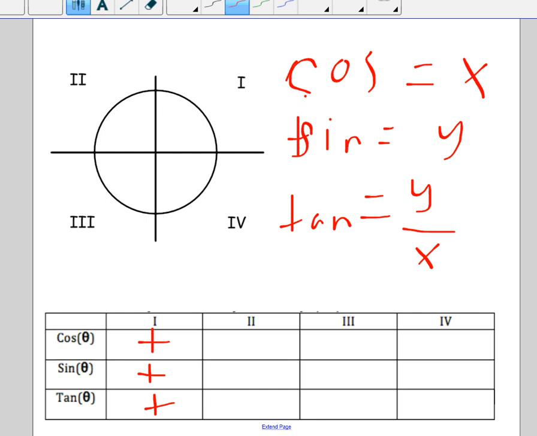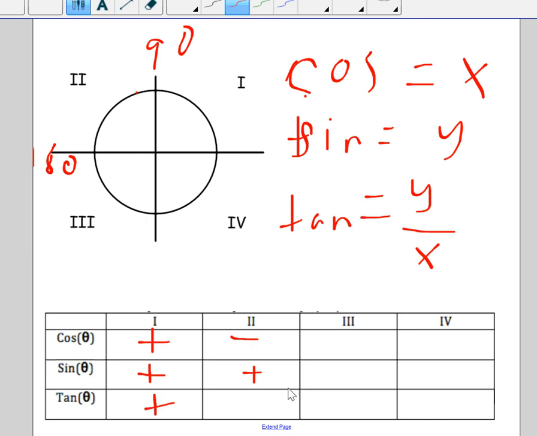In quadrant 2, sine is y, so sine is still positive. But the x values in quadrant 2 are negative, so cosine is negative. Any angle between 90 degrees and 180 degrees will have a negative cosine and a positive sine.